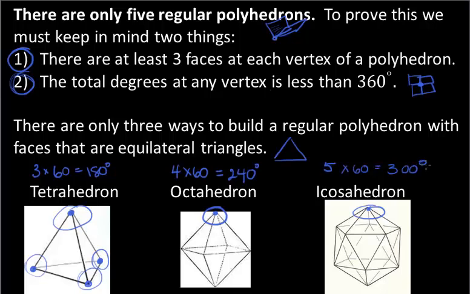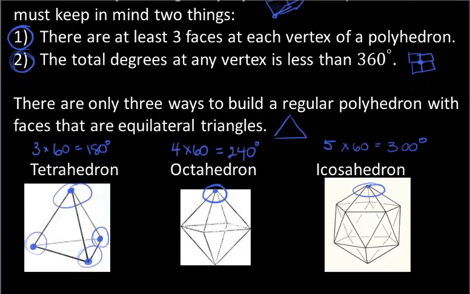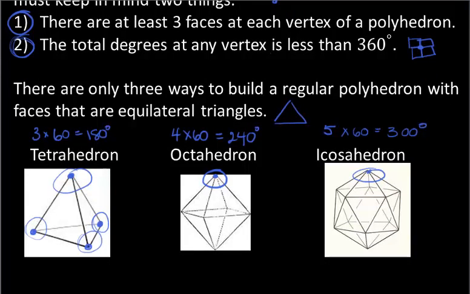Now, if I try to use 6 triangles, well then I would have 6 times 60 degrees, which would give me 360 degrees at the vertex.